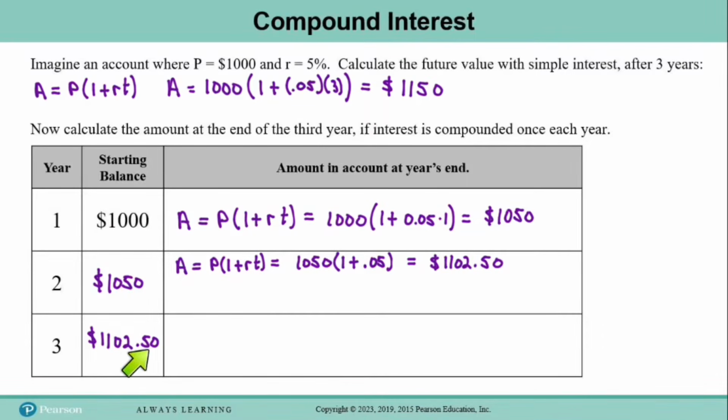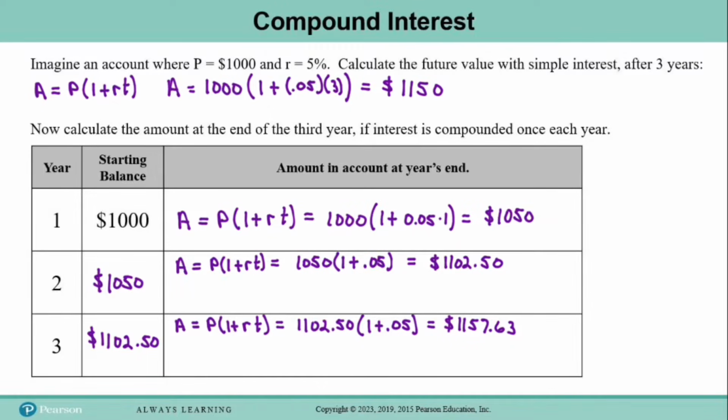And so now this whole $102.50 is also going to be earning interest. So same formula, and this time the principal is $1,102.50. The 1 plus RT is still the same, 1 plus 0.05, and this time we come out with a final amount of $1,157.63.